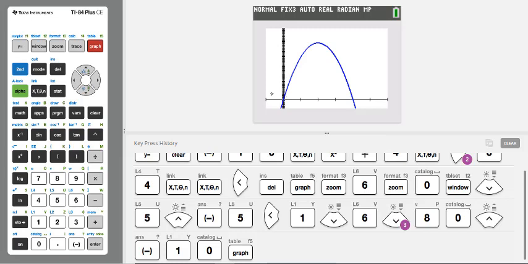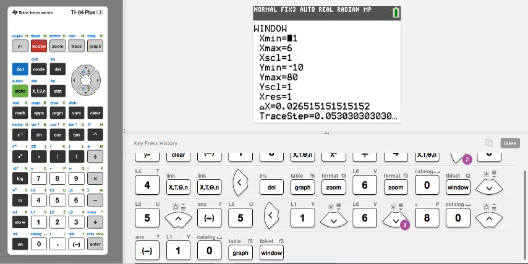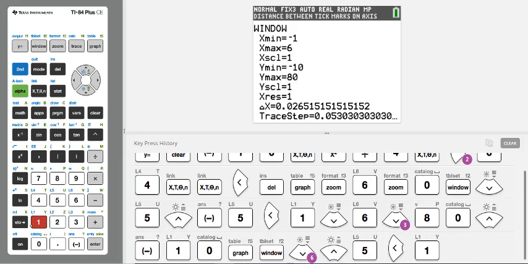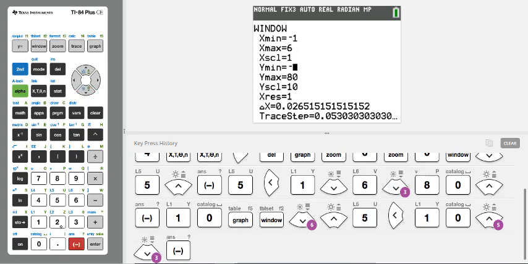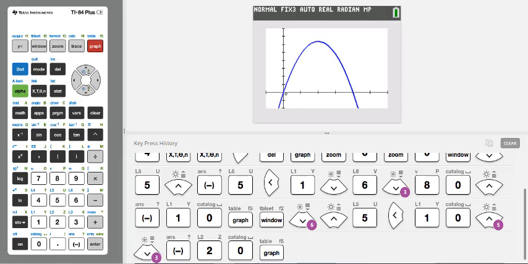I don't like this window. I'll change it to 10 and negative 20. There, it gave me just a little bit. It cleaned up all those crazy hash marks. So I want to find that point and then that point.